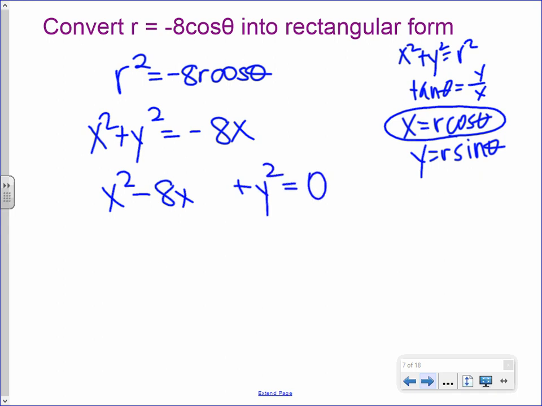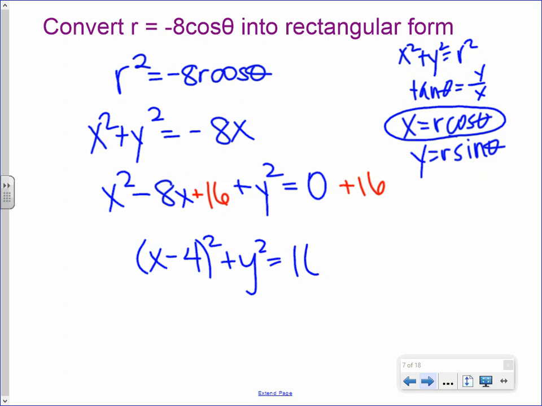Okay? We can complete the square pretty easily, right? What completes our square? 16, yeah. This is a circle with center 4, 0, with a radius of 4.